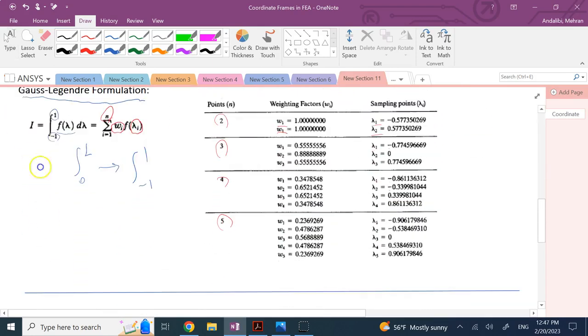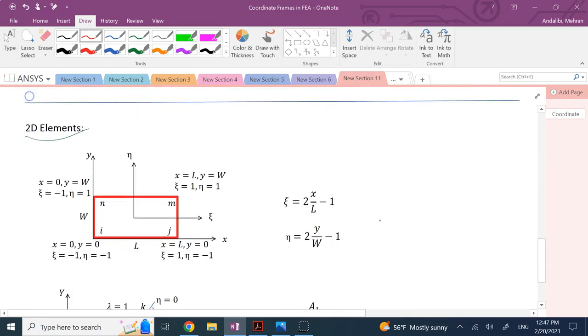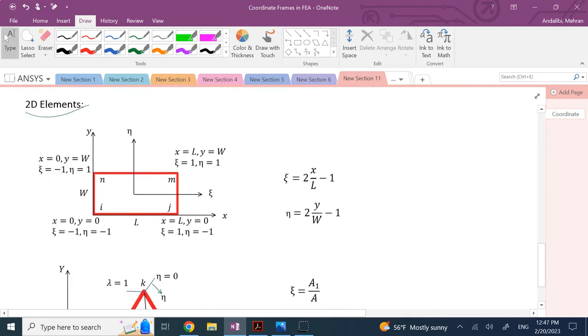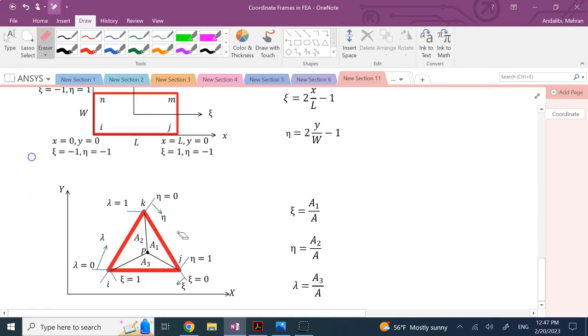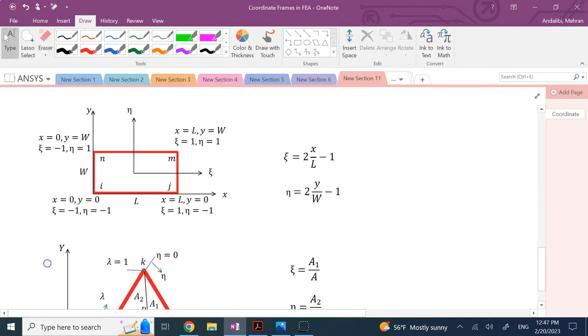Now, if you go to 2D elements, right? In 2D elements, you can have all sorts of shapes, but here I just talk about two major 2D elements that you see a lot. One is a quadrilateral. In this case, I simplified it to a rectangle, and the other one is a triangle. Okay? So in here, your global coordinate can be anywhere, right?